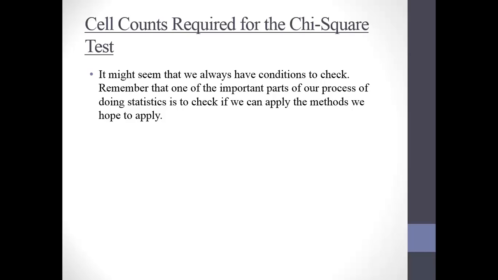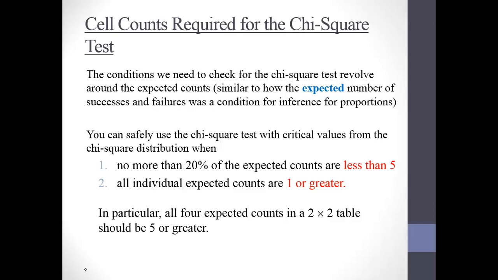So you might be wondering, well, where are our conditions? Don't you just feel like you need to be checking some conditions in here? There are some conditions that we need to check for this test, kind of like we did in our hypothesis test for proportions. We looked at the expected number of successes and failures. Here we want to use the expected counts to check our conditions.